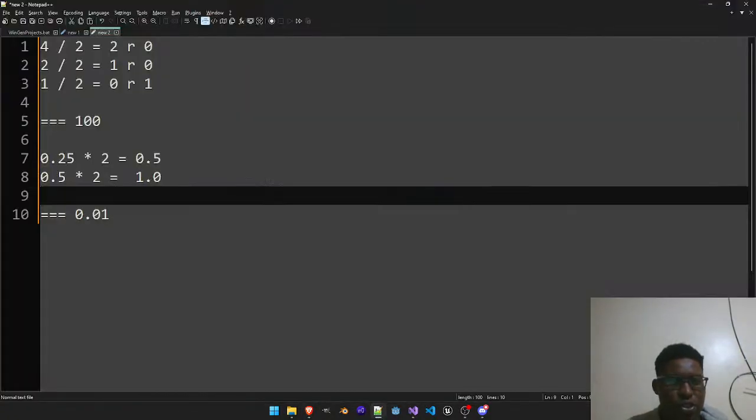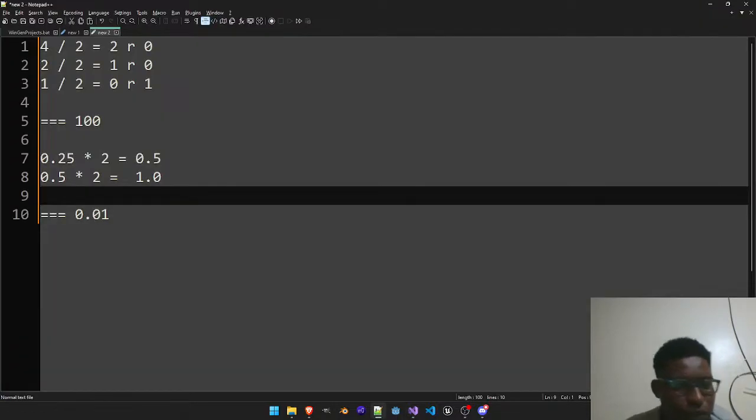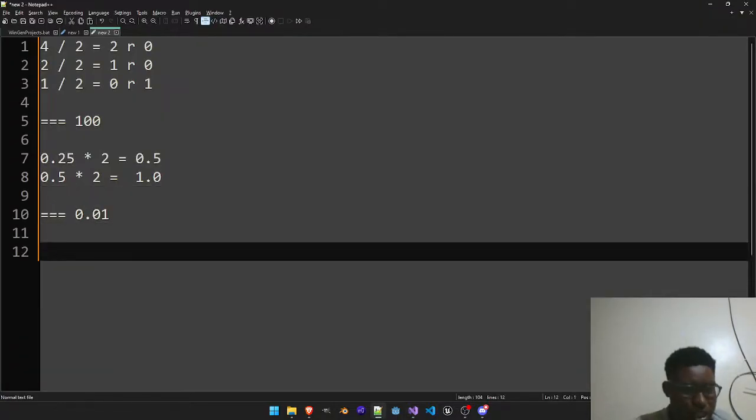Now this begs the question, since our problem comes from this 0.1f, the floating point for 0.1, I wonder what our 0.1 should be.